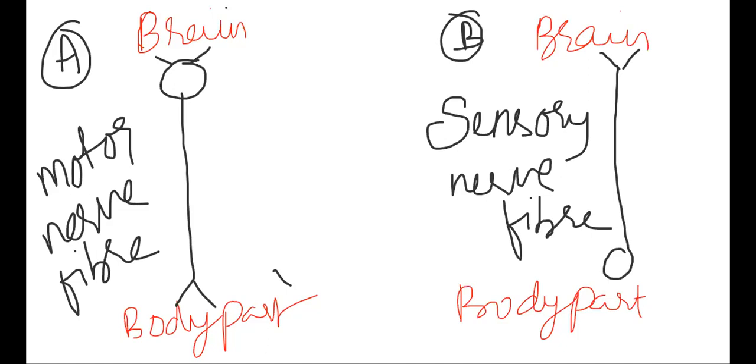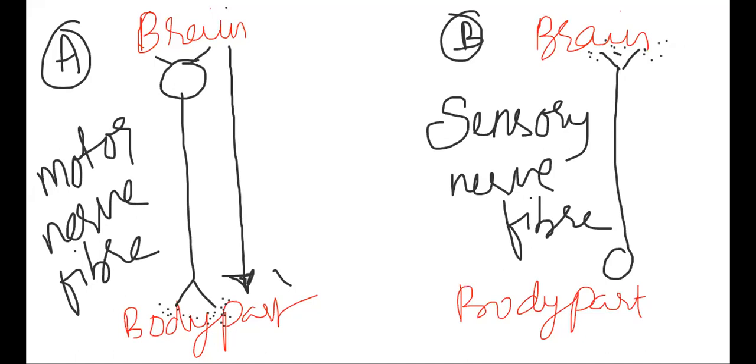First of all, we learned that the axon terminals are going to release a neurotransmitter called acetylcholine, which we have seen in muscle contraction and in different places. In this case, some information came from the brain and was sent to the body parts.